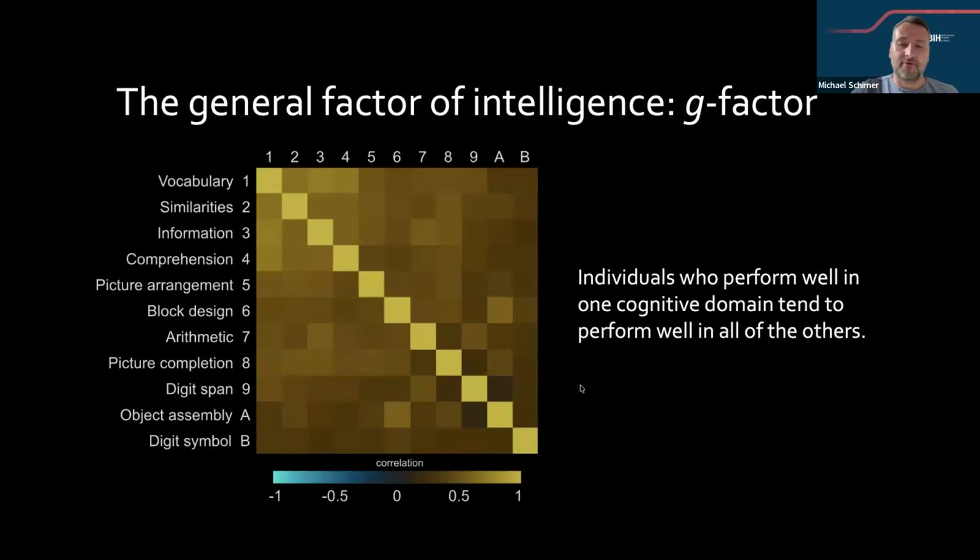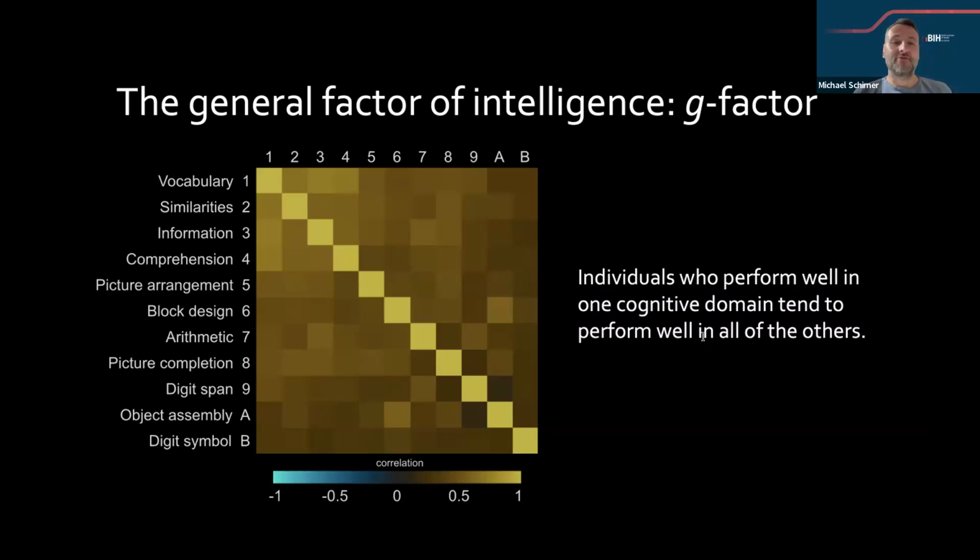So, as we have already heard from prominent intelligence researchers, there is a general factor of intelligence, the so-called chief factor. So there is a whole lot of different types of intelligences. I bet you have heard of emotional intelligence, for example, and so on. And indeed, there are different types of intelligence, different tests: vocabulary comprehension, for example, information processing, here arithmetic, picture completion.